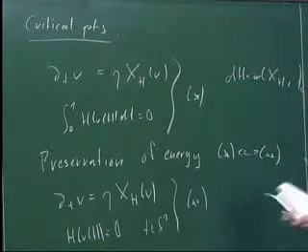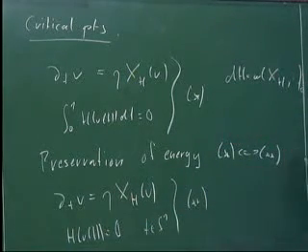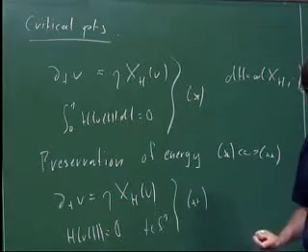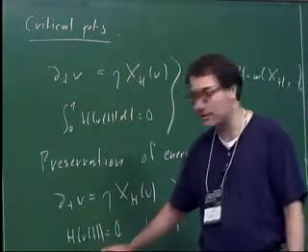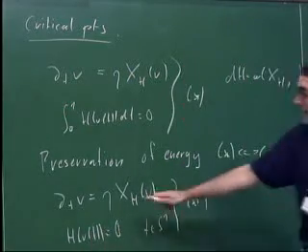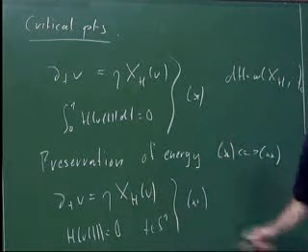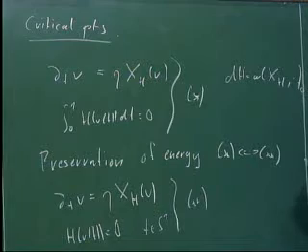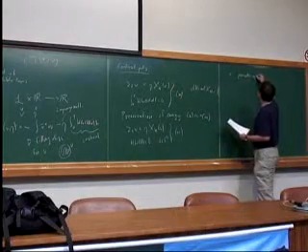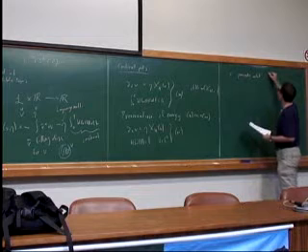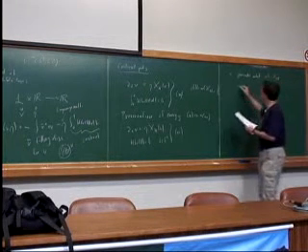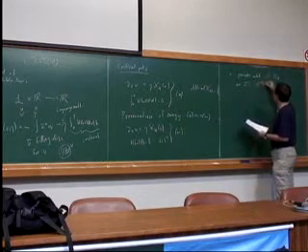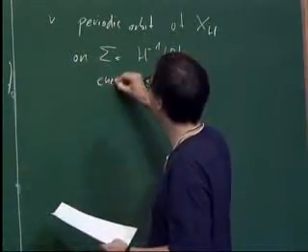So what is this equation? We can think that this v corresponds to a periodic orbit on the energy hypersurface H^{-1}(0), and the Lagrange multiplier just gives us the period of this periodic orbit. So v is some periodic orbit of X_H on the energy hypersurface Sigma, which is H^{-1}(0).